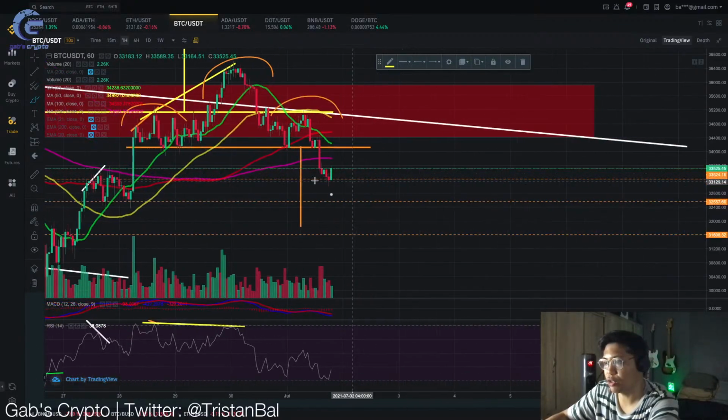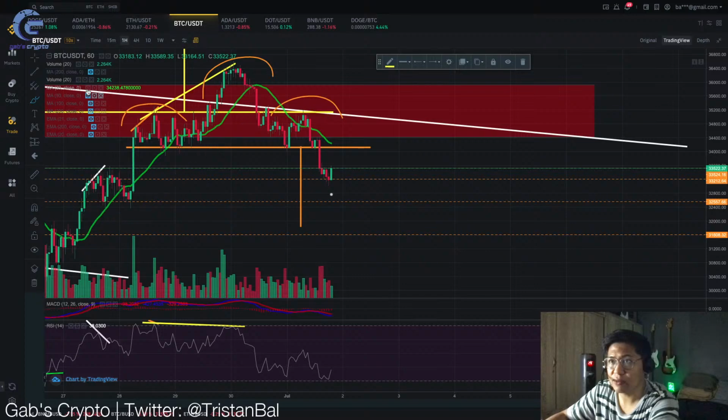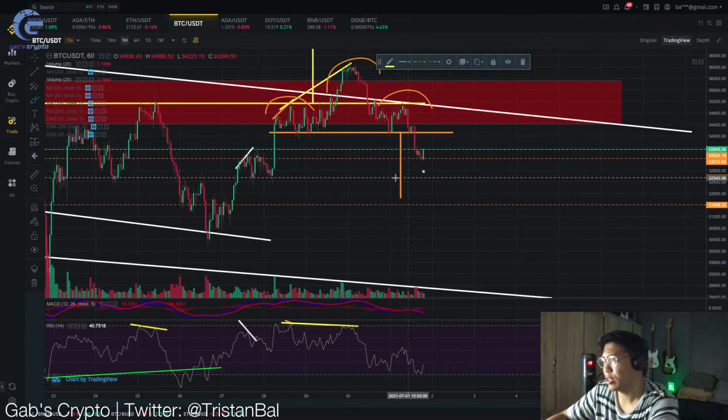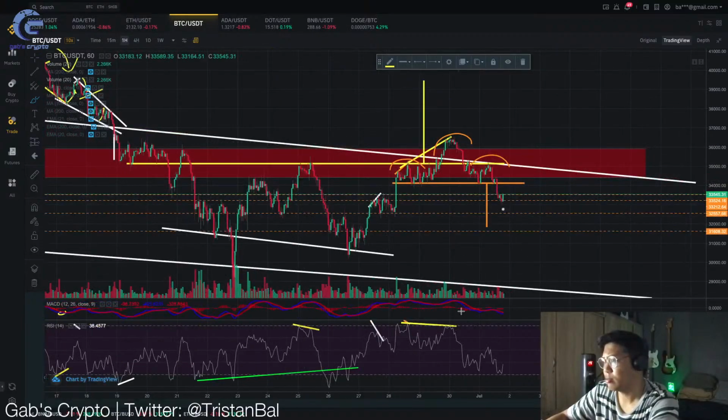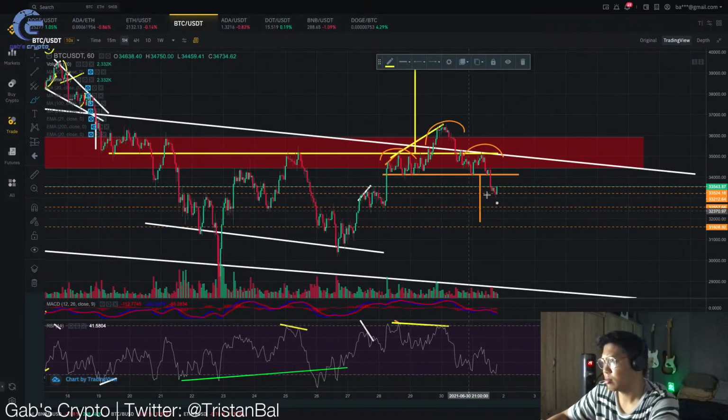So, very oversold na tayo dyan. Ano pa ba nakita natin? Actually, yan lang halos dito kasi MACD is, so far, no indication pa na magka-cross. Pero, yun nga, head and shoulders pattern pa din siya. So kailangan natin ng volume kasi tingnan mo wala tayong masyadong volume.